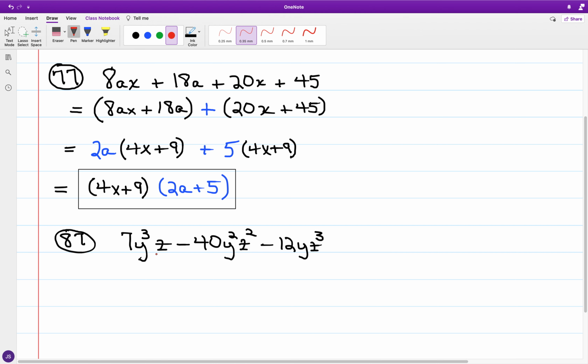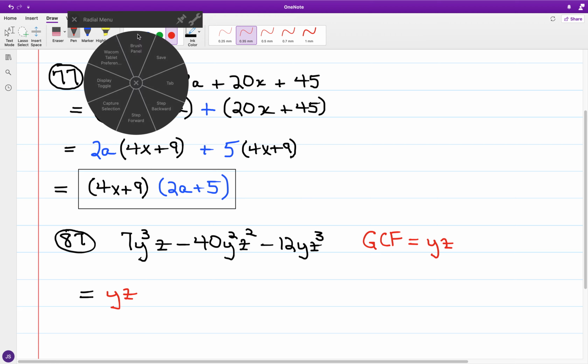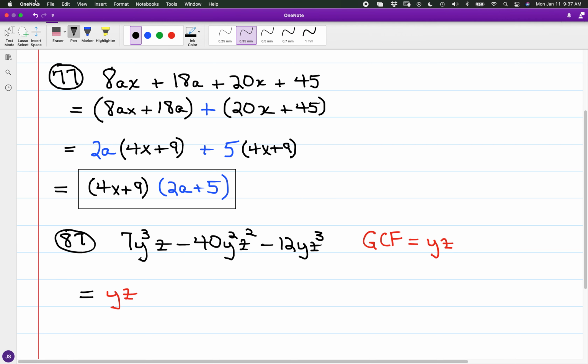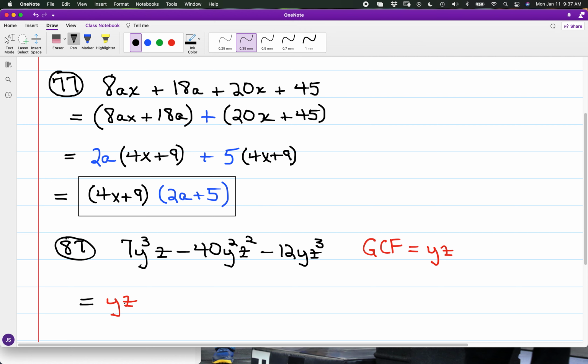Notice they all have the letters Y and Z shared in common. So we're going to take out what is referred to as the greatest common factor, and that is going to be Y and Z, or Y times Z. So we have the greatest common factor at YZ, and we have YZ into this trinomial.